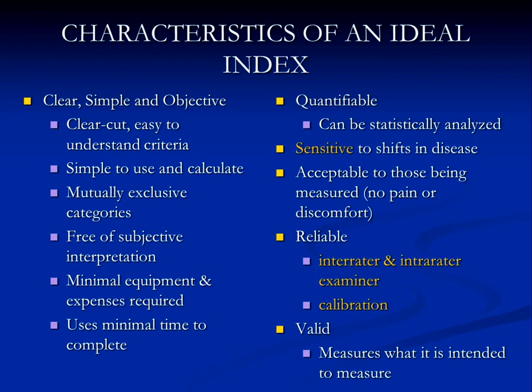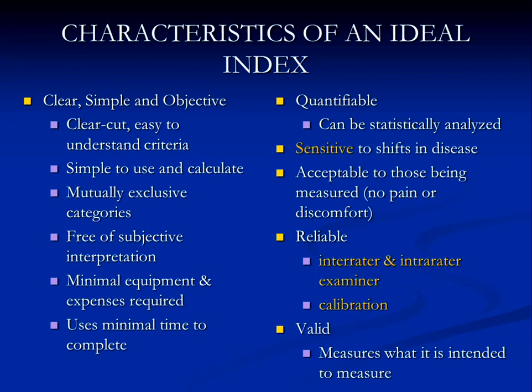So it just means that if I was a researcher and I was going out and utilizing an index out in the field, out in the community, that it would be really easy to implement. It has criteria that's very simple. It's easy to understand. There's no interpretation to it. They have mutually exclusive categories, that it's objective. The results are not subject to any kind of individual interpretation.